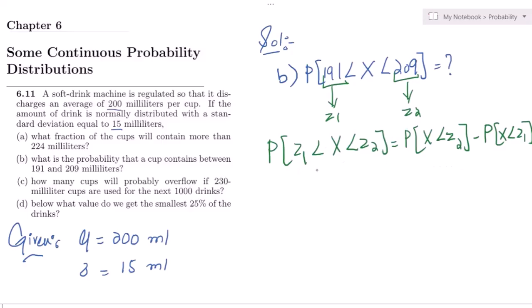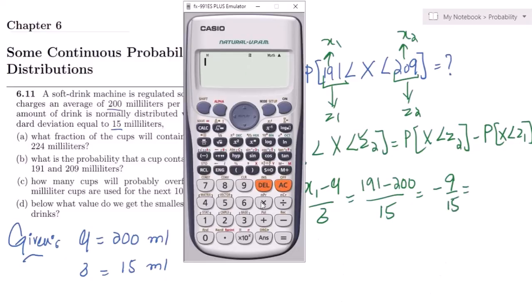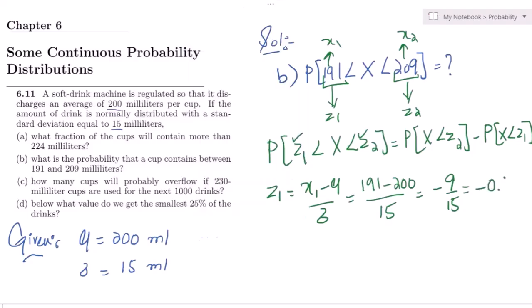In order to do so, we don't know the value of z1 and z2. The value of z1 is x1 minus mu divided by sigma. Let me put the values here: x1 is 191, and this is x1 and this is x2. So 191 minus 200 divided by 15 is minus 9 over 15, which is minus 0.6.